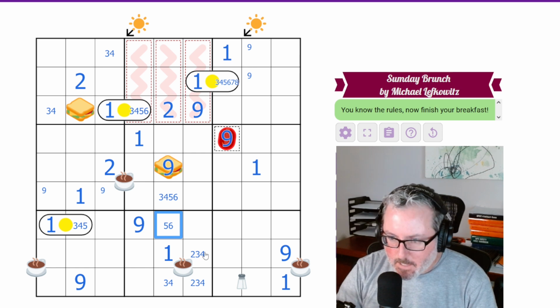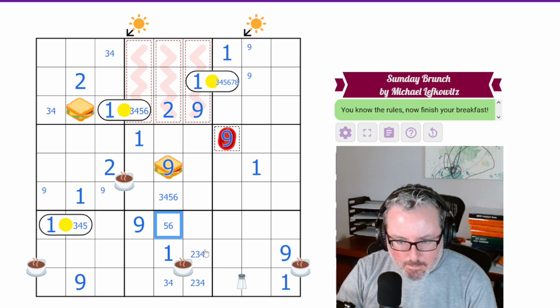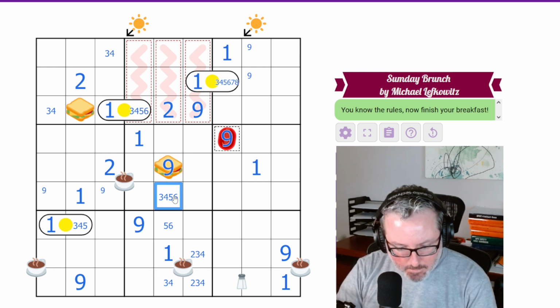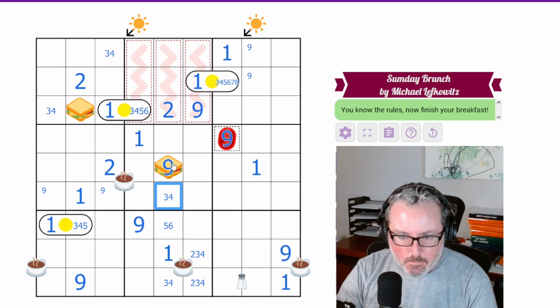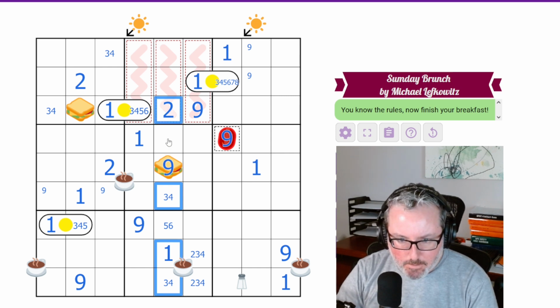We know this is not 3 or 4 because we have the 2, 3, 4 pair here. So this can't be the 5 or 6. It has to be a 3, 4 to go with the 5, 6. So now we actually have a 3, 4 pair. So we've got all the digits 1, 2, 3, and 4 already used.